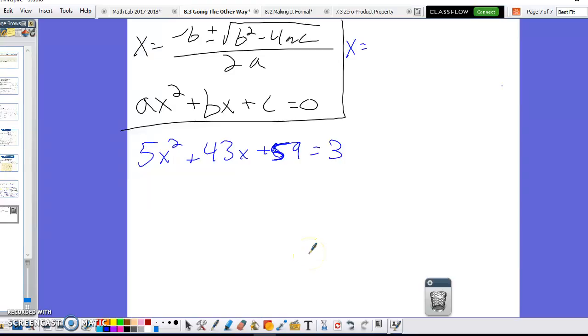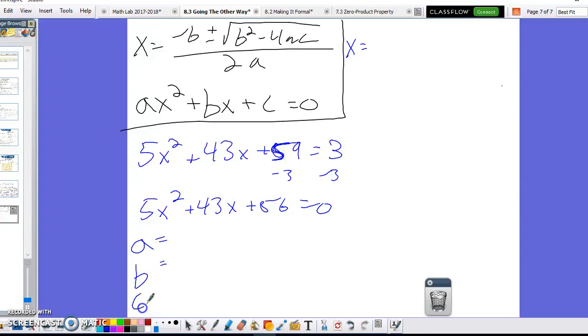Again, nothing too intense there, but notice it's not equal to 0. It has to be equal to 0 in order to use the quadratic formula. So subtract 3: 5x squared plus 43x plus 56 equals 0, and then identify A, B, and C.